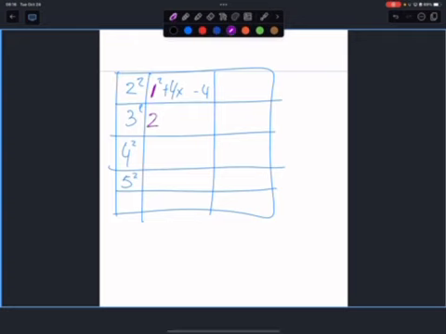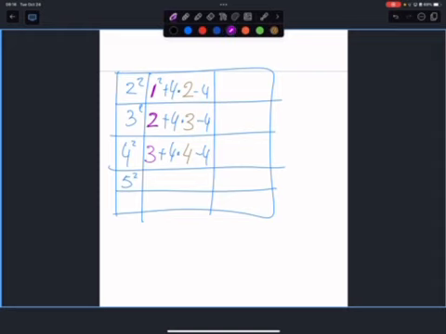1, 2, 3. This is 2, this is 3, that is 4.